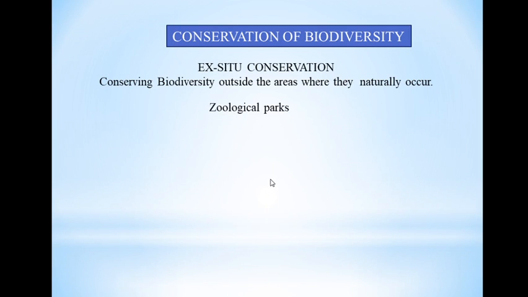Ex situ conservation of biodiversity includes the zoological parks. We usually call them parks or zoos. There are a number of zoos in India, like the Mysore Zoo or the Delhi Zoo, which is the biggest zoo in India, where animals which are threatened and endangered are brought, made captive, and their breeding is ensured, also for education and entertainment purposes.